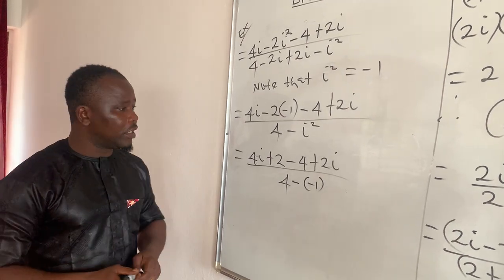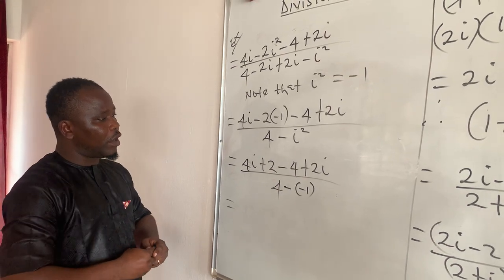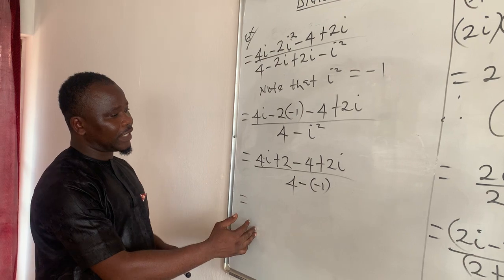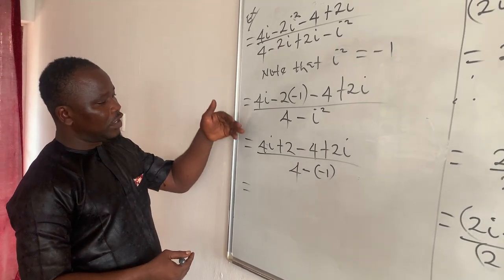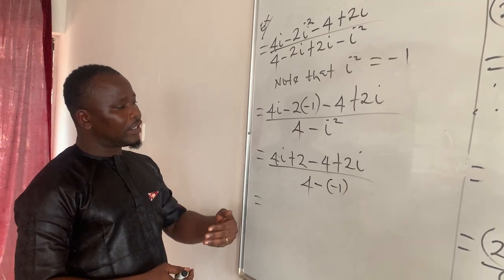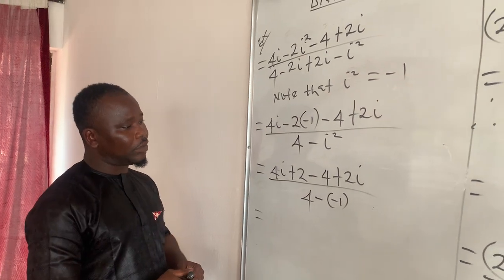Without loss of generality, let us consider the numerator. We can add the real parts and the imaginary parts together. That is, the real and the real will be added, and the imaginary and the imaginary will be added together.